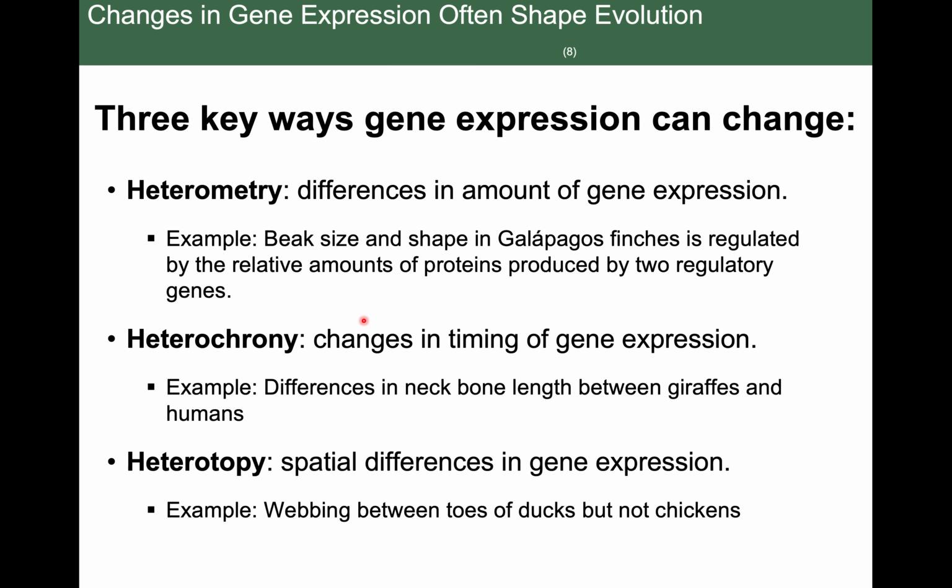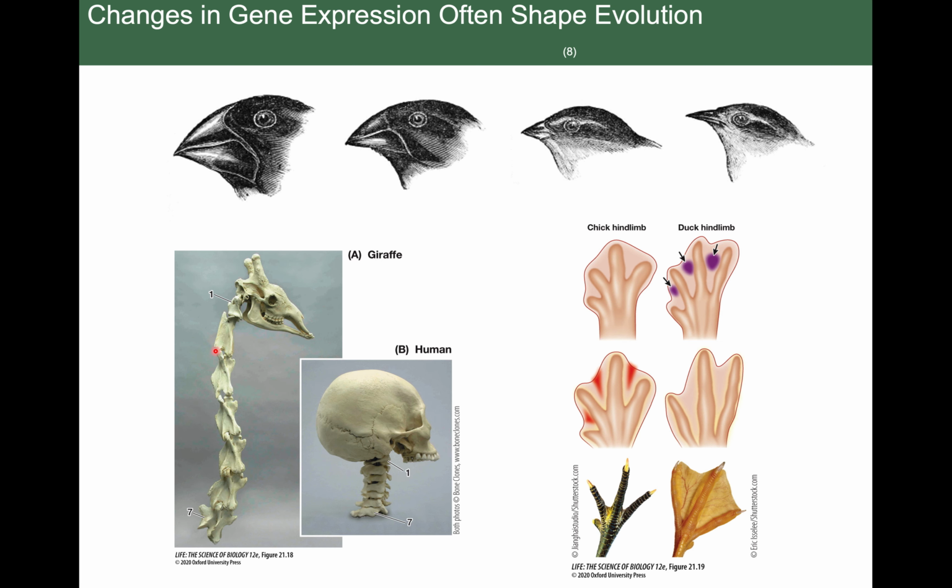So the amounts don't necessarily differ, but the length of time, or maybe the time during development at which these genes are being expressed, is altered. The example I want to show you here is the difference in neck length between giraffes and humans. If we look anatomically, the skeletal structure is essentially the same.